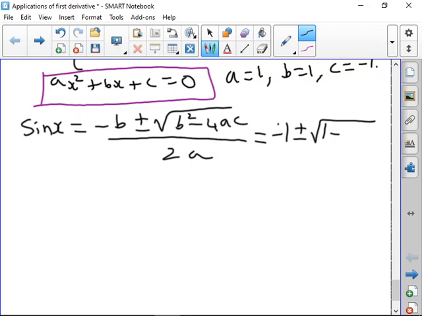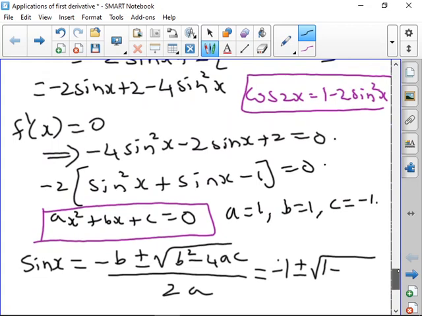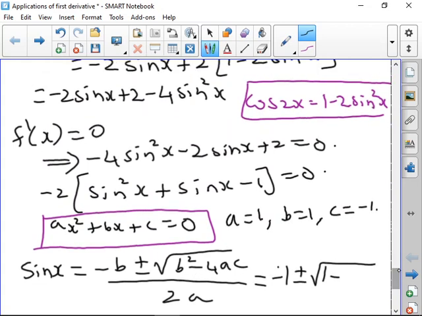So what you will get? 4 into 2 sin square x. Yeah, I left a 2 here. So this is 2. So a is equal to 2.